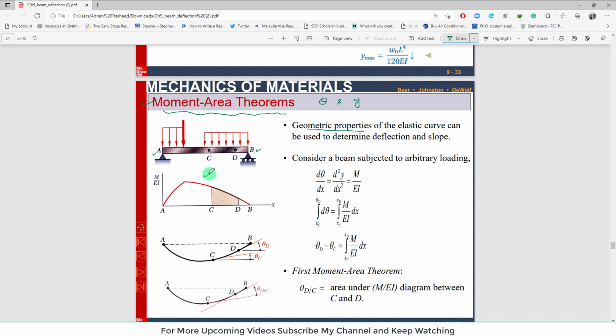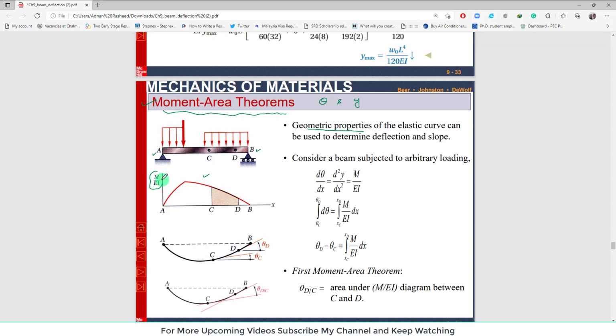Now here we will define a new term, that is M over EI. Basically, your bending moment is divided by EI. If you divide the bending moment at every point in this bending moment diagram by EI, you will get the same points but the values will be changed, and the graph will have the same shape as the bending moment M of x.